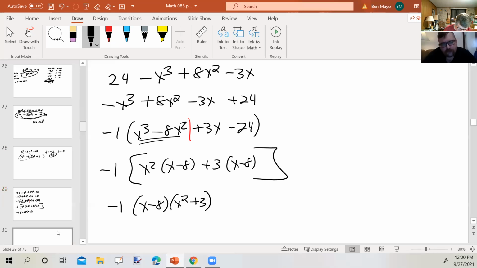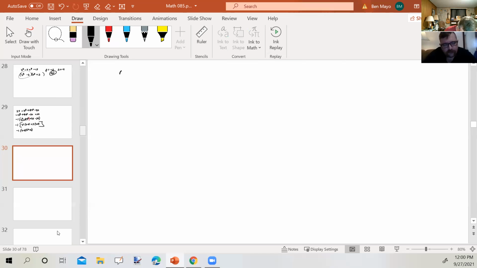How about this one? 25b squared plus 14b plus 49 25ths. Ugh, what's going on here? Well, that's a trinomial. It's in standard form. There's no greatest common factor.